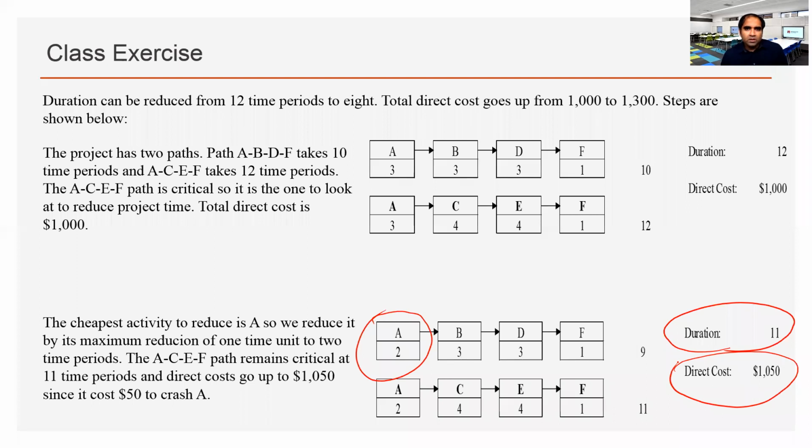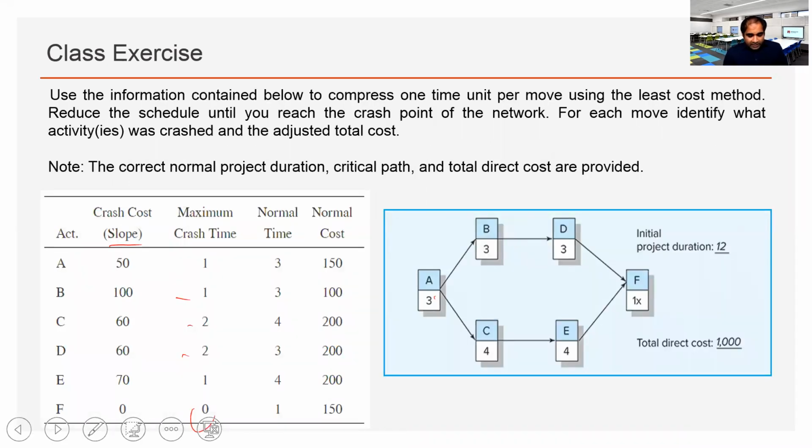Okay. All right, next. Then we have B, BD, and CE. Which one do we go for?